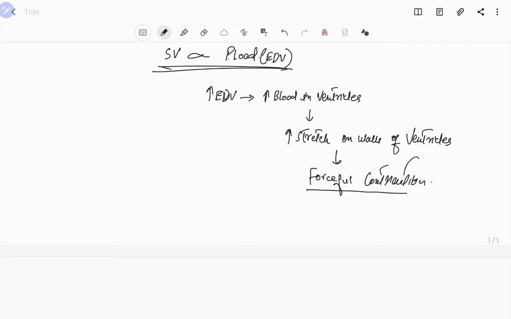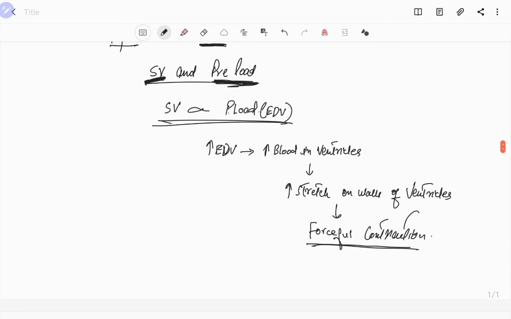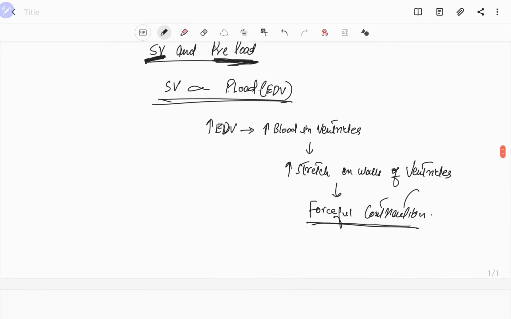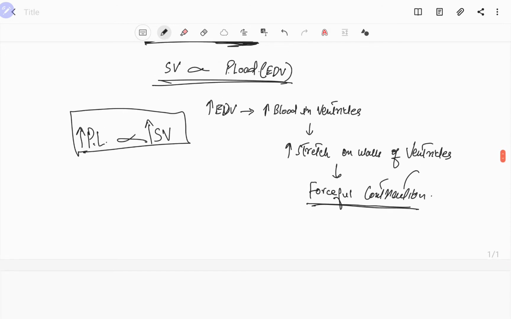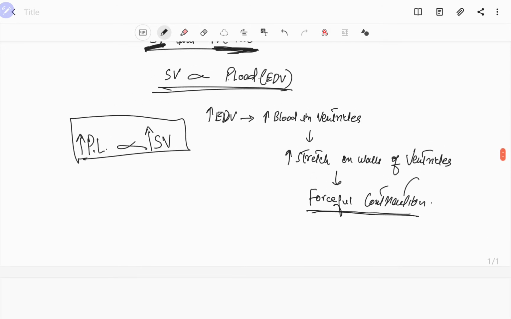So this is the relationship between preload and stroke volume: the more preload, the more stroke volume. Every time our heart will pump more, but within the physiological limits.